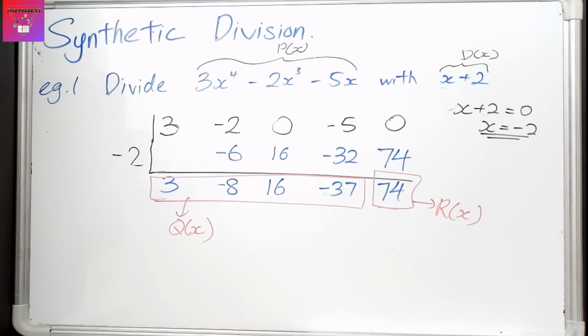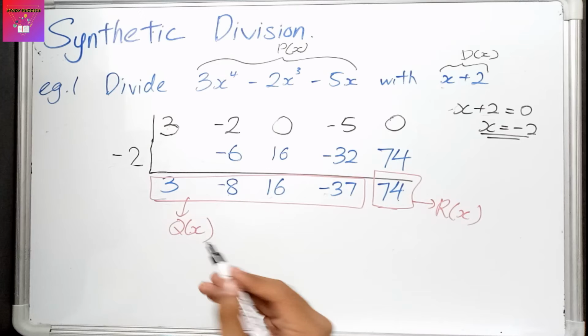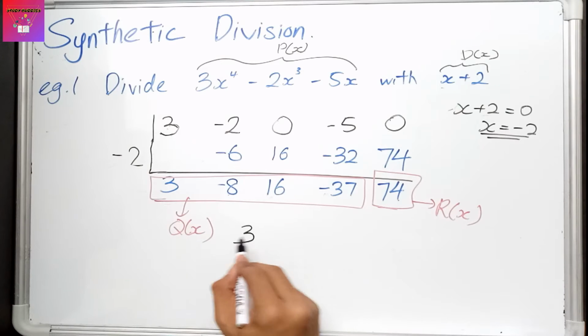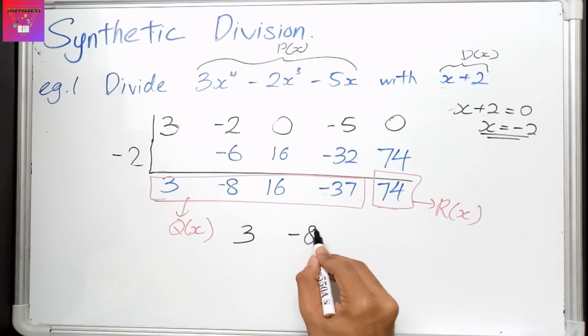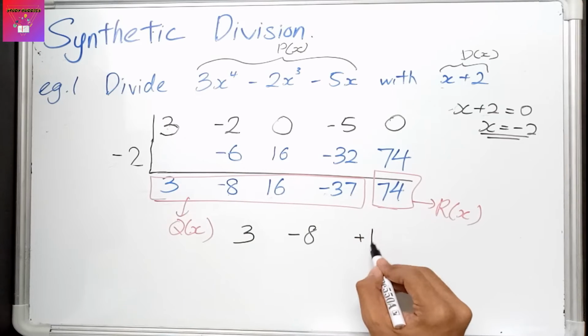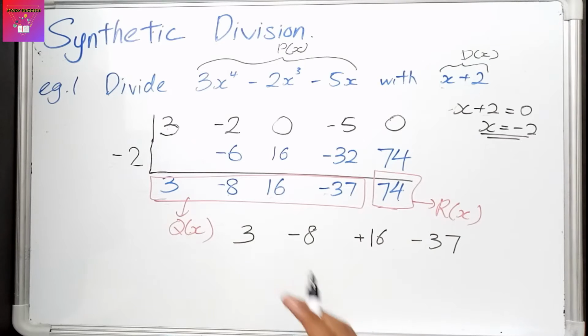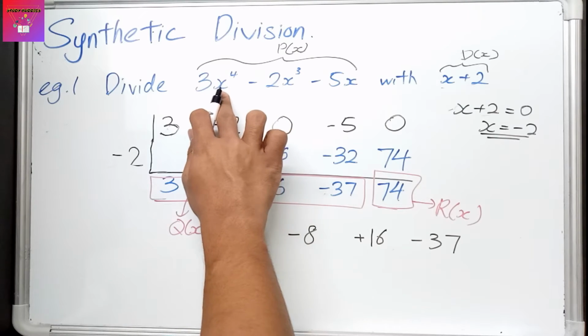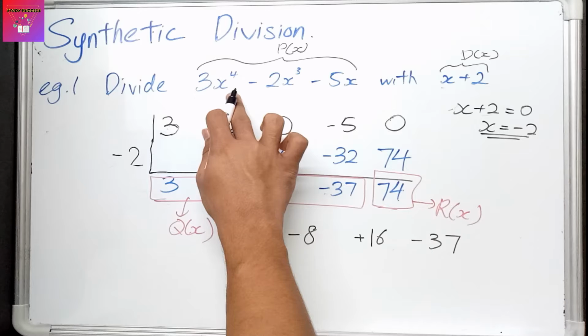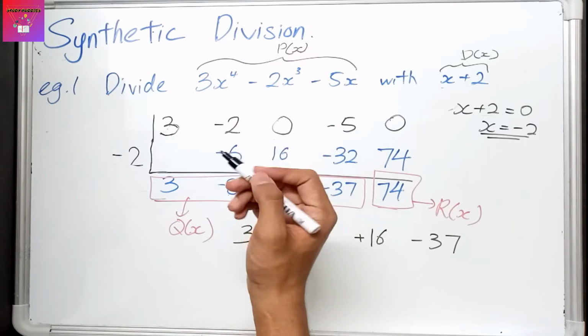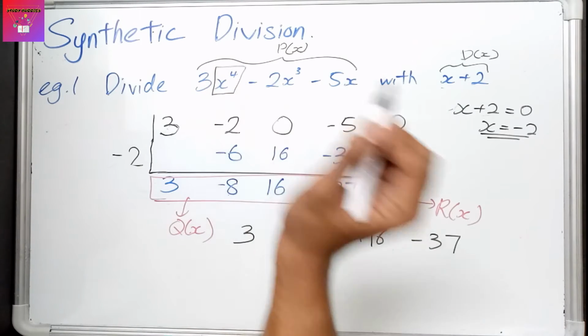But then the question comes: can q(x) just be 3, negative 8, 16 and negative 37? Well, of course not. How are we going to write that as an answer? I usually use this method: just write down the numbers individually as if you're going to write it in an equation. The next step is to look at the highest degree of your dividend, which is x to the power of 4.